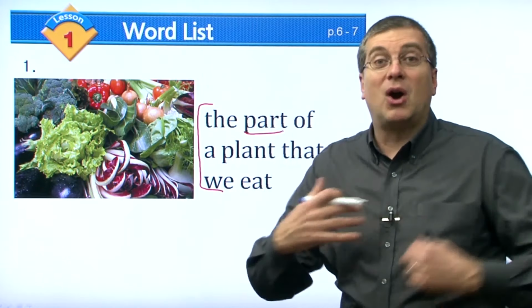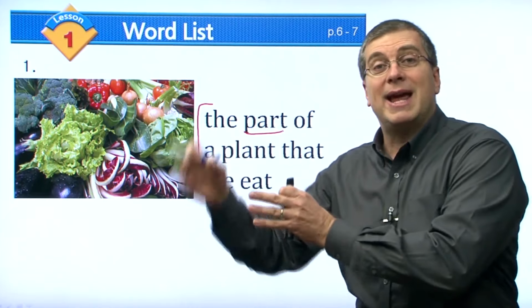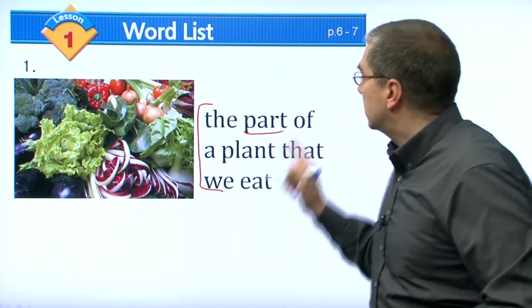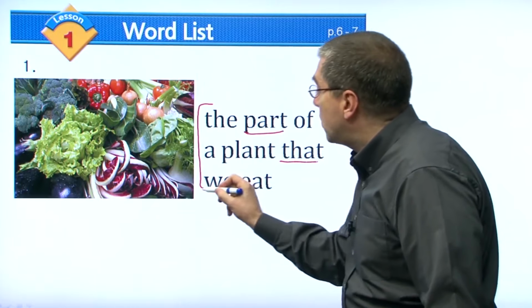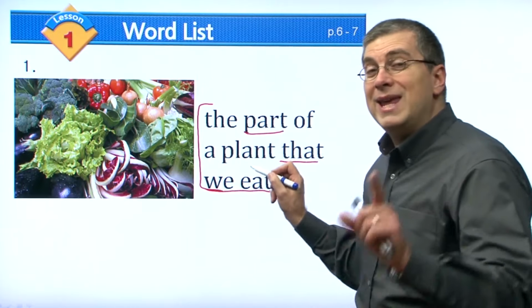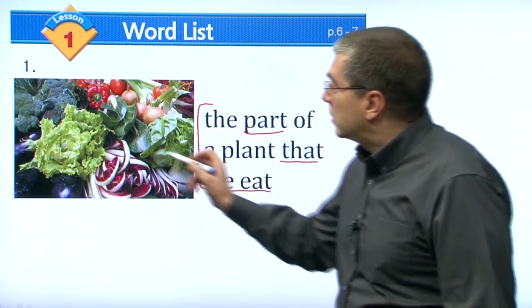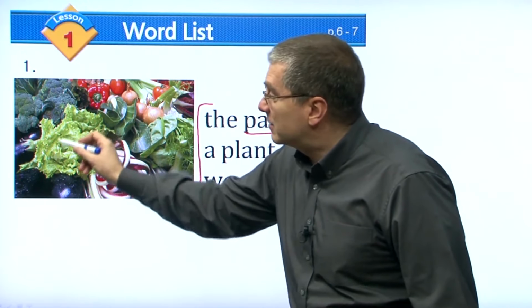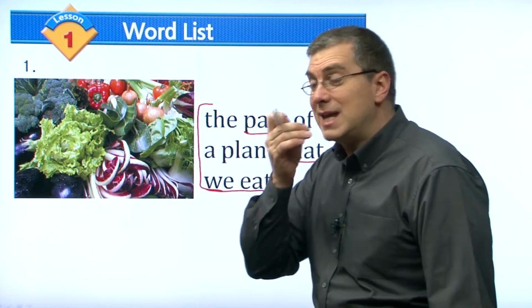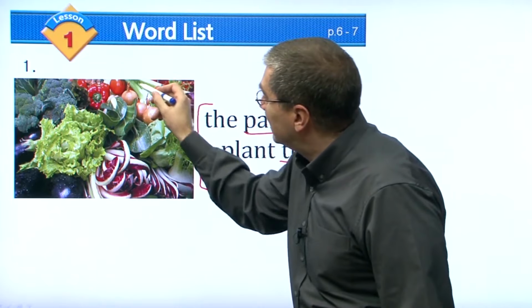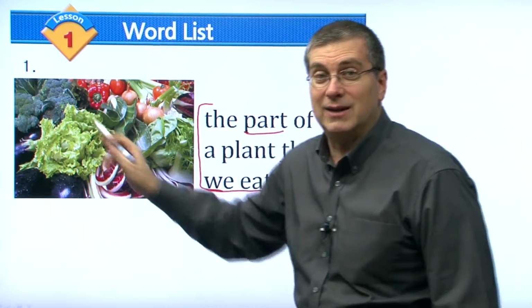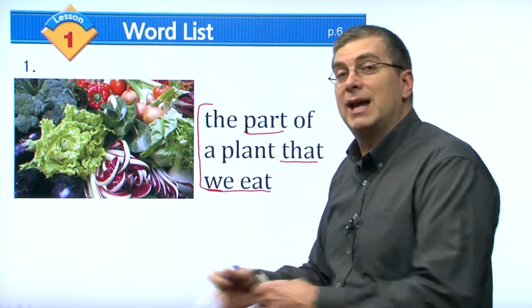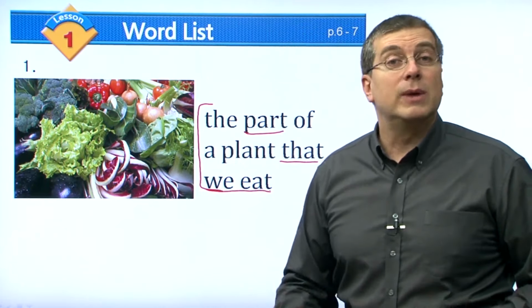I have many parts, just like a plant has many parts. So we're looking at the part of a plant that we eat. Sometimes we eat this part of the plant over here, sometimes this part, or sometimes this part. They're different parts of a plant. We eat them. What do we call that?